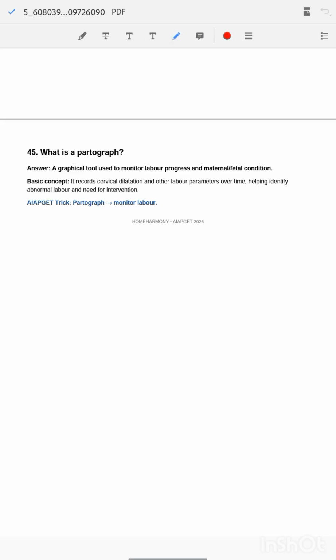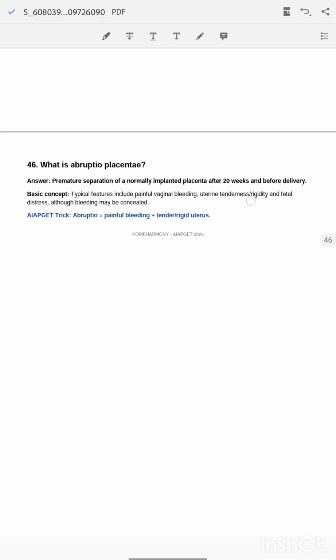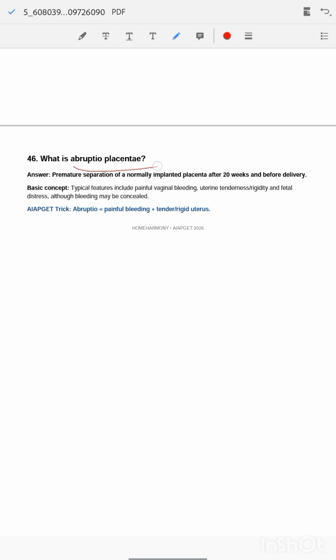What is partograph? Partograph is a graphical tool used to monitor labor progress and maternal fetal condition. What is abruptio placentae? That is premature separation of normally implanted placenta after 20 weeks and before delivery.